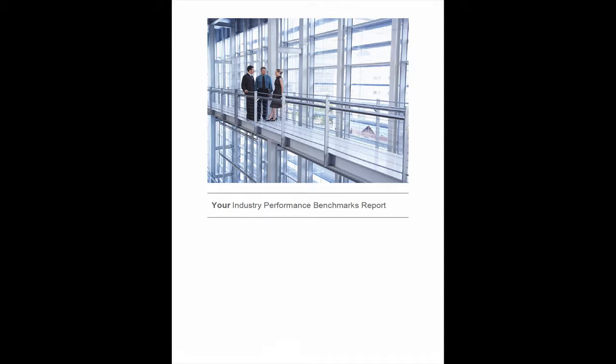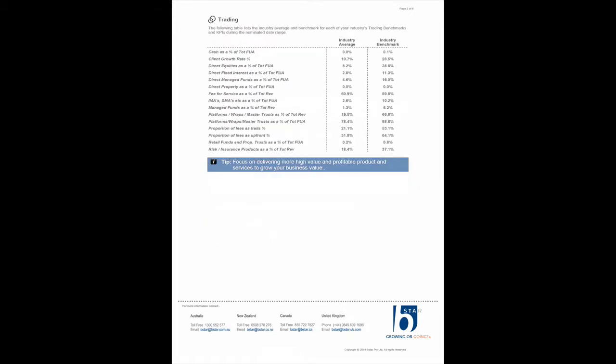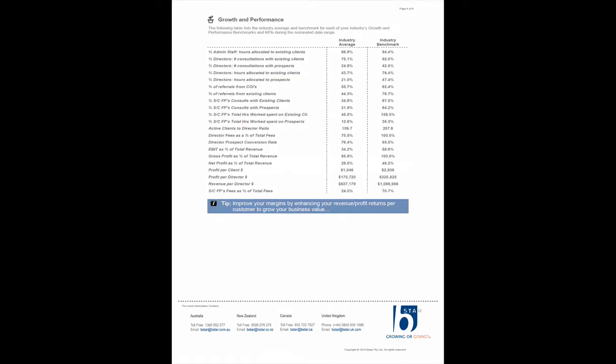So this industry report is a collation of all the participating firms we did in this particular project, of which you can see there were 12. So we break the information into a number of categories. The first one is around trading. So you can see all the various measures that we've put together there, and the industry average column is the average of the 12 participating firms, and on the right the industry benchmark is the top 20% of those participating firms.